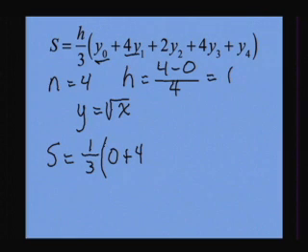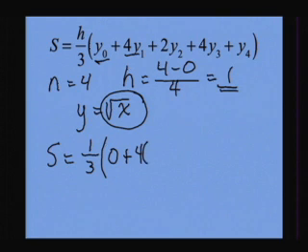Well, first of all, the step we found was 1. So we're going from 0 plus 1 is 1. But then we're taking the square root of 1, which, of course, is just 1. Then we're going to have plus 2 times, well, again, the next step up is 1 plus 1 plus 1 for 2, but then we have to evaluate the square root of 2.